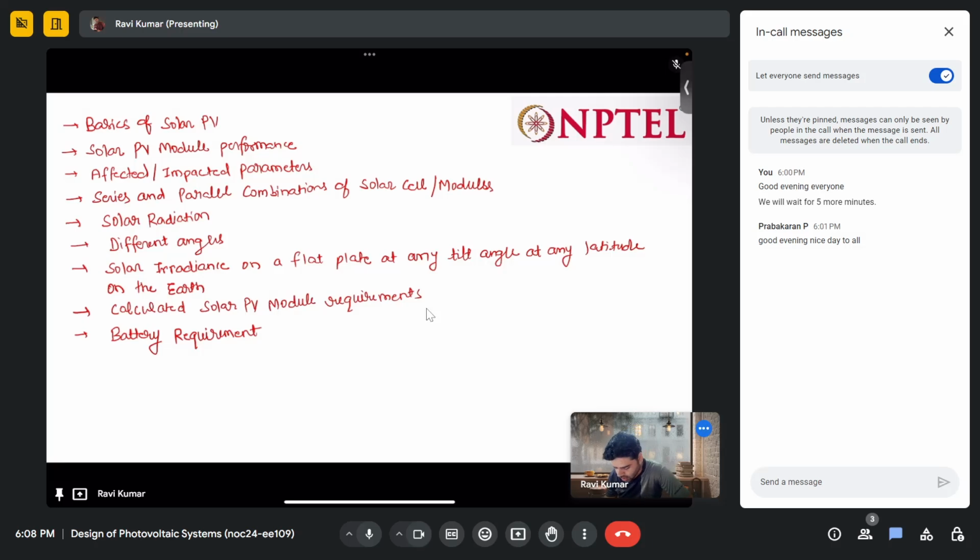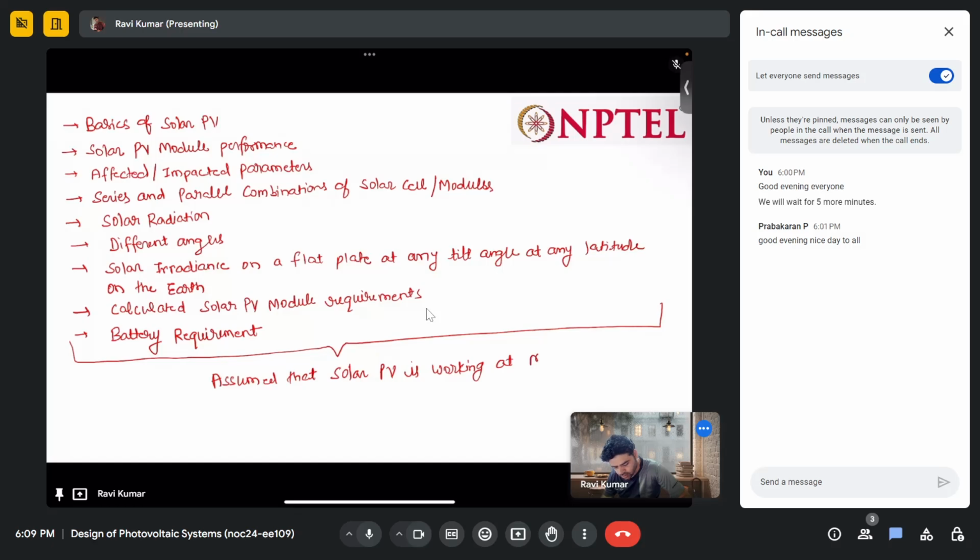But all the above things we have done on a particular condition. We assumed that solar PV is working at the maximum power point.